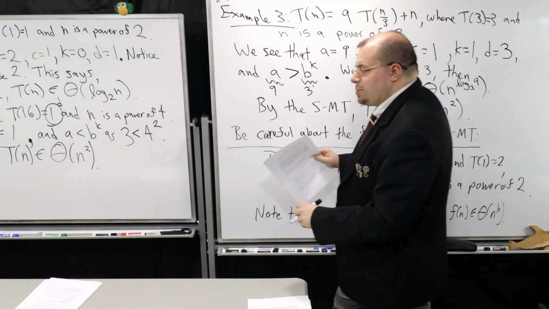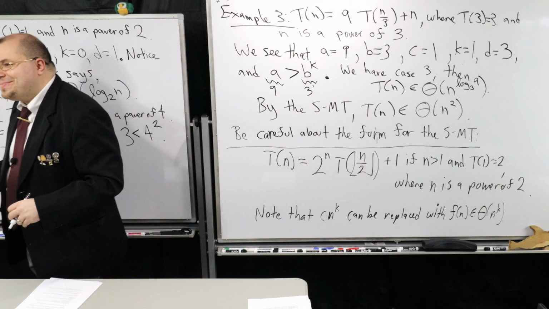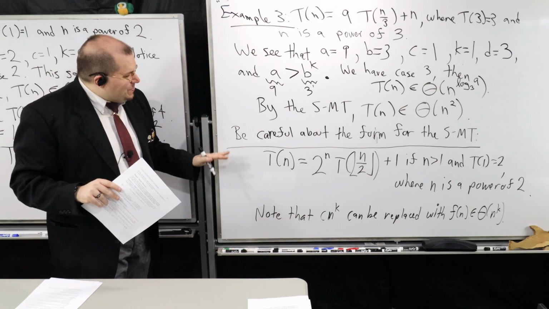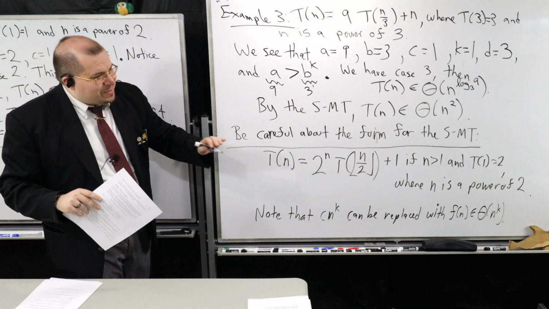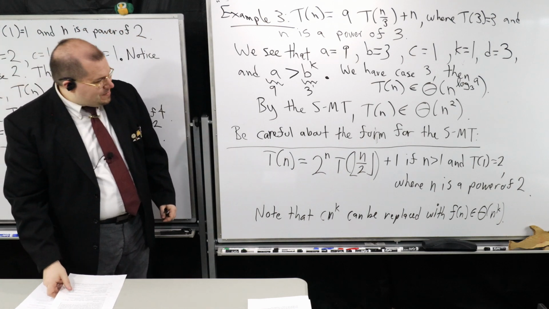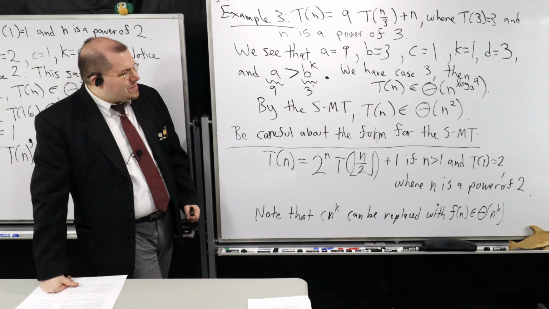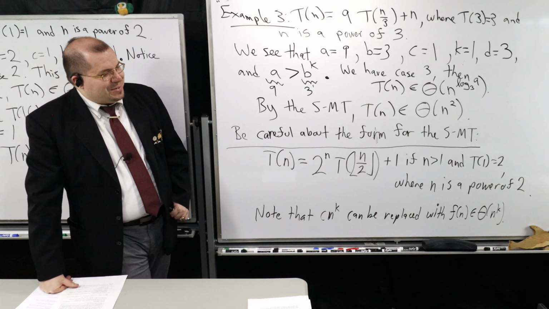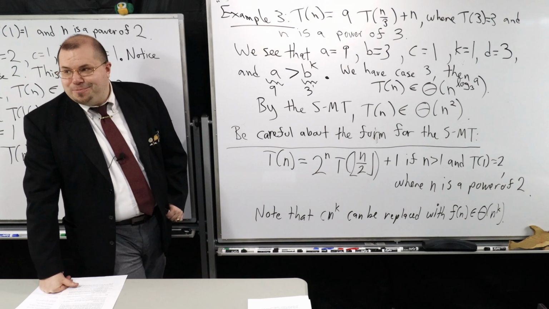So suppose I have this recurrence. I have a question for you. Does this fit the form of the simple Master Theorem? The answer is yes or no. It will fall into a definitive camp of yes or no.